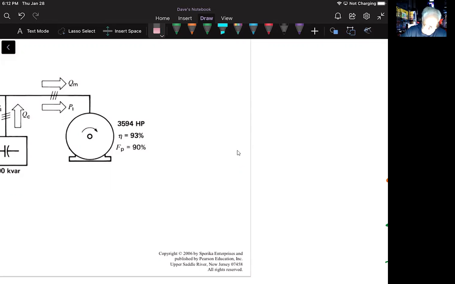So now the last thing is to determine the phase angle between the motor current and the line current. So I can calculate the line to neutral voltage, which is going to be 4,000, which is the line, divided by square root of 3. So that comes out to be 2309 volts.